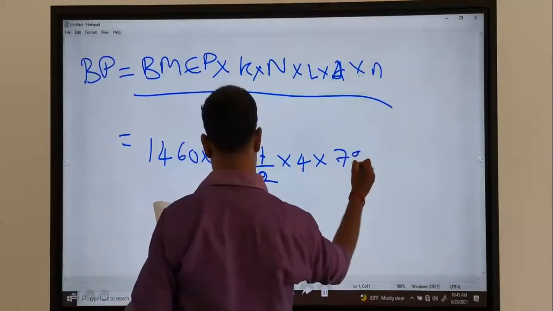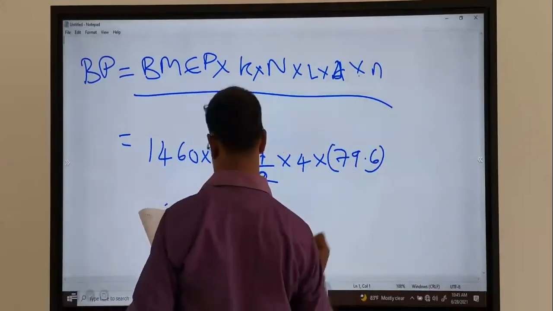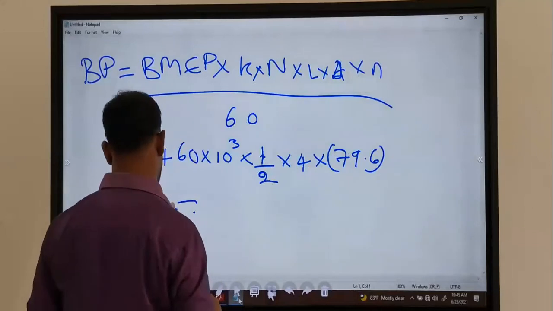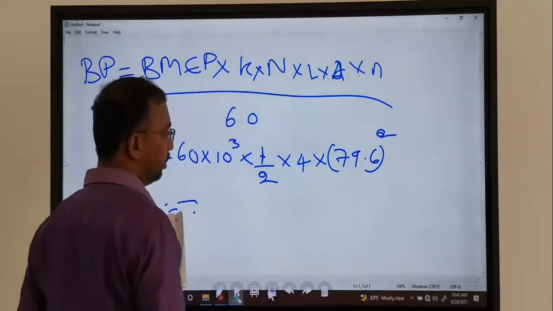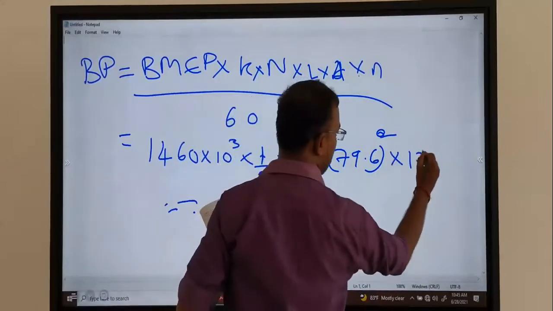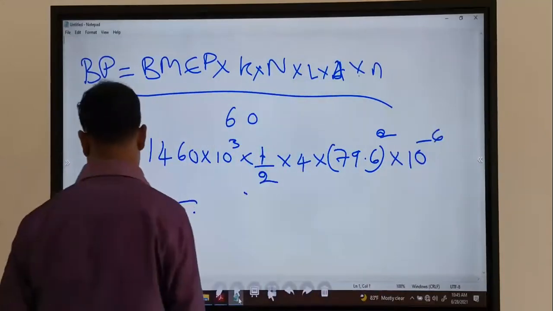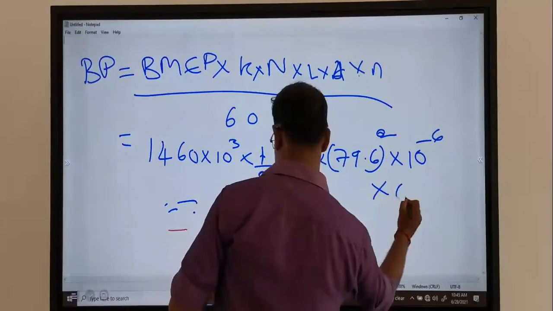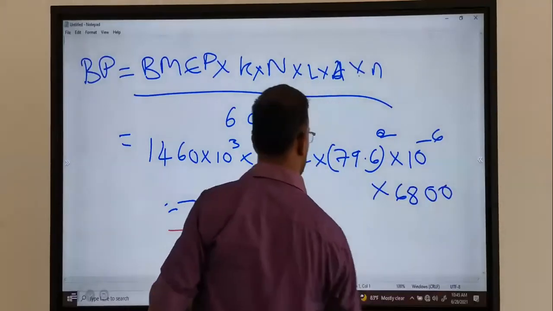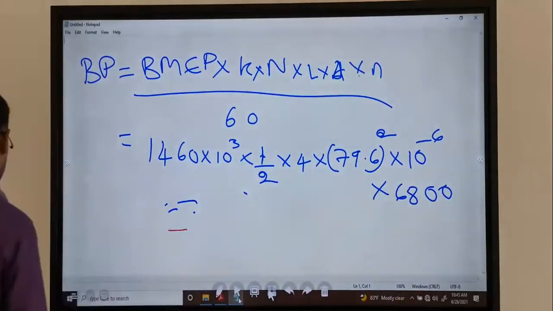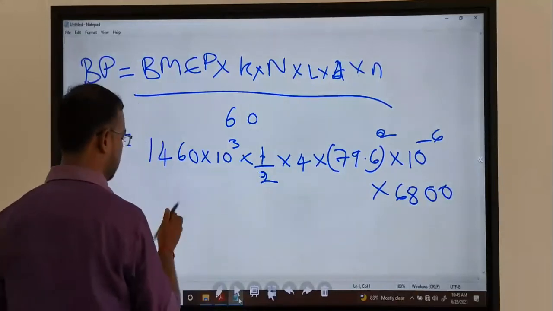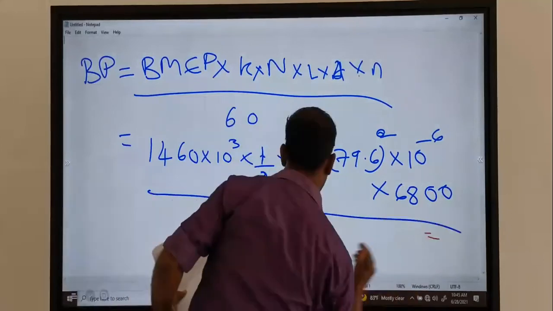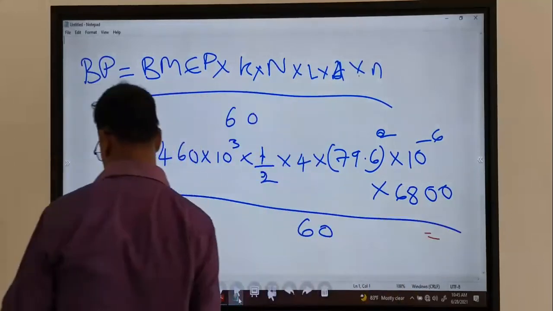The stroke is 79.6. Here the bore and stroke are the same values, so I put it straightly, into 10 to the power minus 6, and the crank RPM is 6,800, divided by 60.